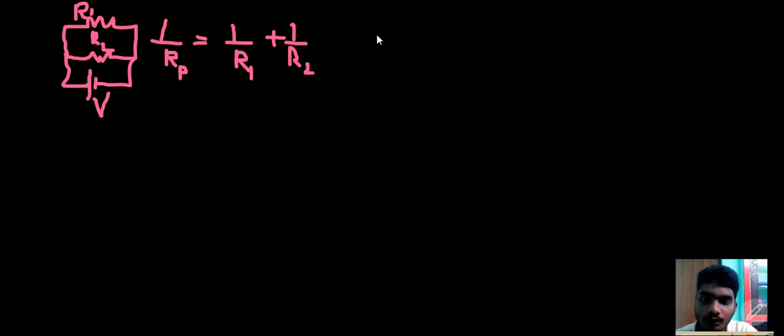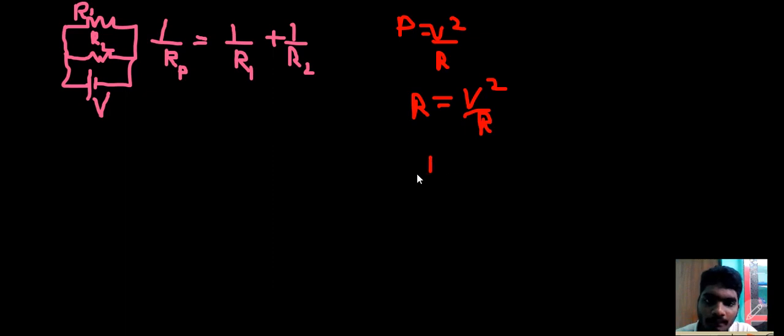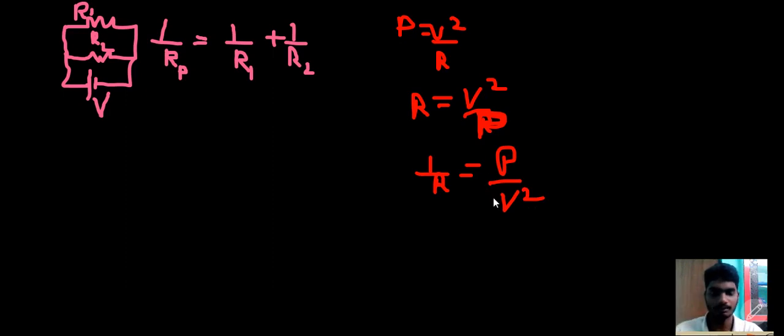Here we are going to use the power value, that is P is equal to V square by R. Then R is equal to V square by P, so 1 by R can be written as P, this is power, by V square. Very simple, right? This is an important thing you need to take down.